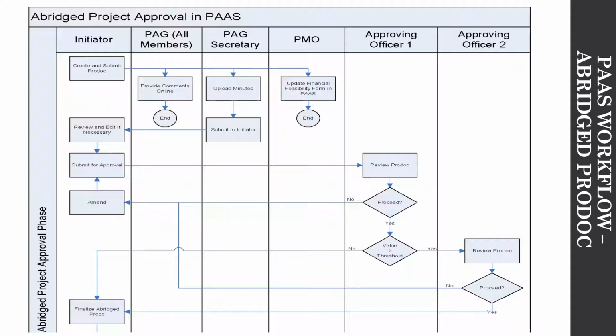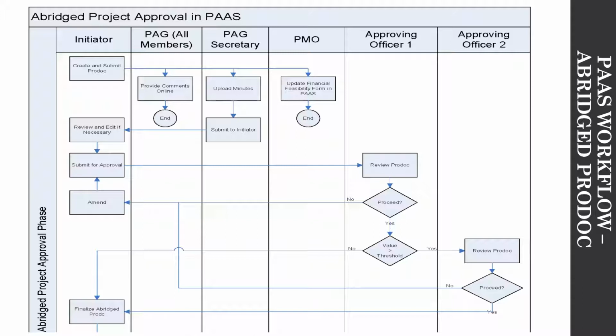When he or she clicks submit, it goes to three people simultaneously. It goes to the PAG members, it goes to the PAG secretary, that's the PCO project cycle management team, and it goes to the core PMO all at the same time. Each of them then take on the product and perform their own task.